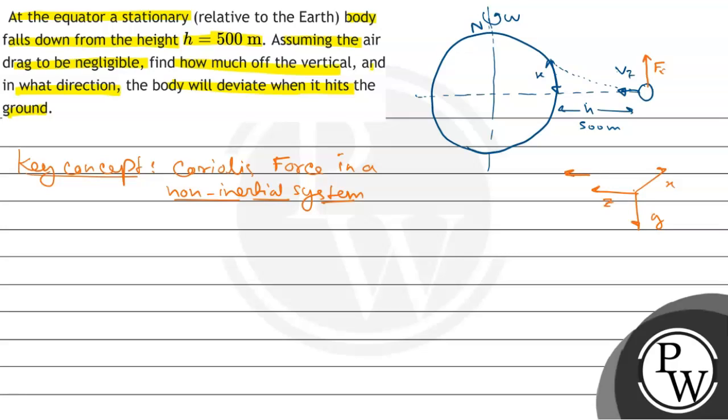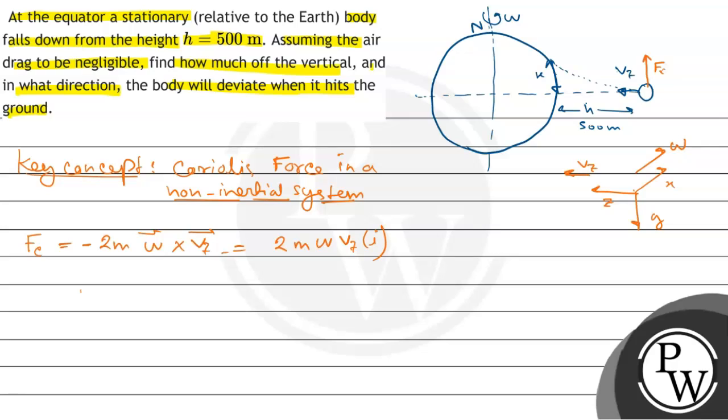So vz is in this direction, and the direction of omega will be in the x direction. Now the value of F Coriolis is equal to minus 2m omega cross vz, which is equal to 2m omega vz minus of i, so minus minus positive and we get i direction.